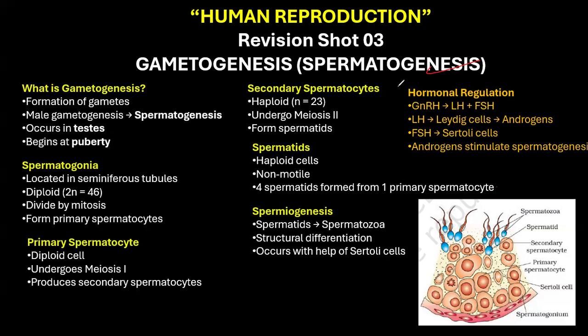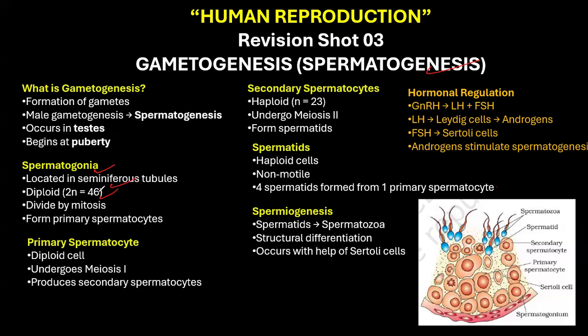Now, inside the testes, there are tightly coiled structures called seminiferous tubules. We already discussed them. I have shown you a diagram also. The inner lining of these tubules contains immature male germ cells called spermatogonia. Each spermatogonium is diploid, located in the seminiferous tubules.